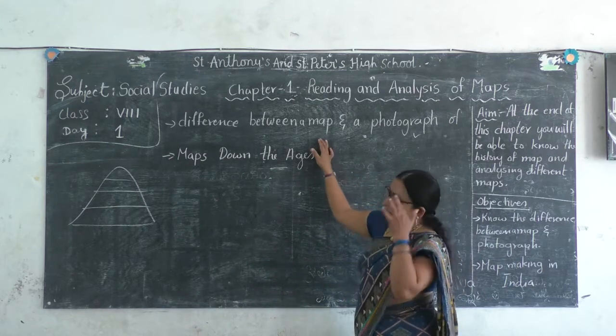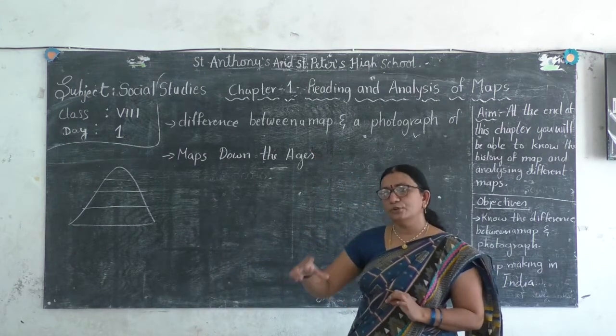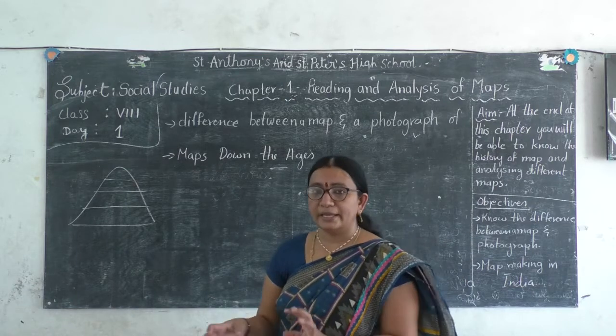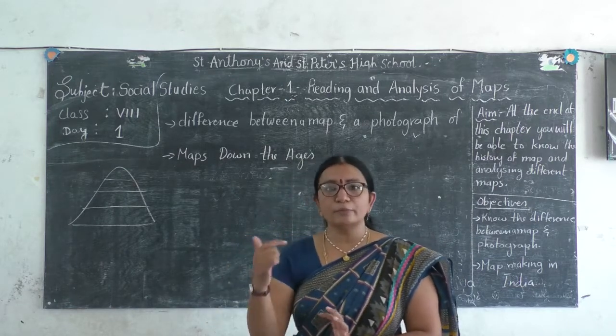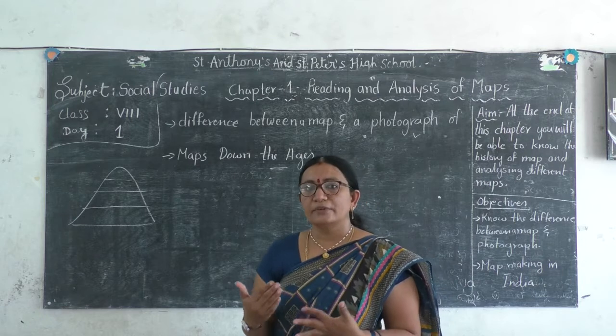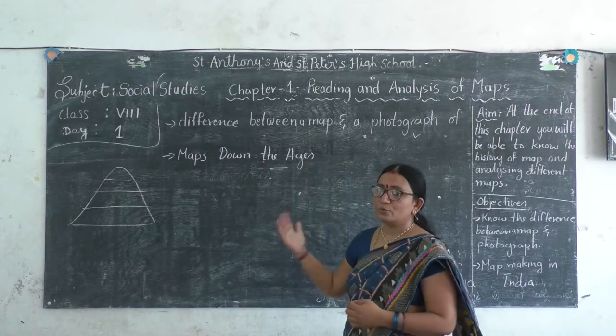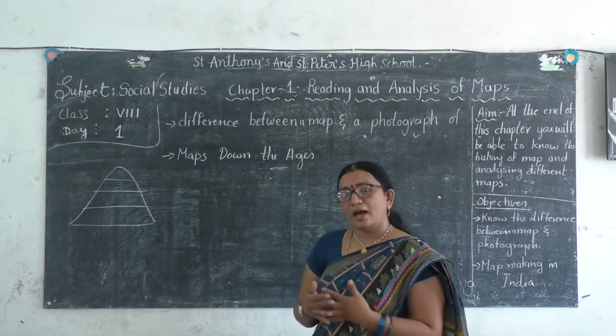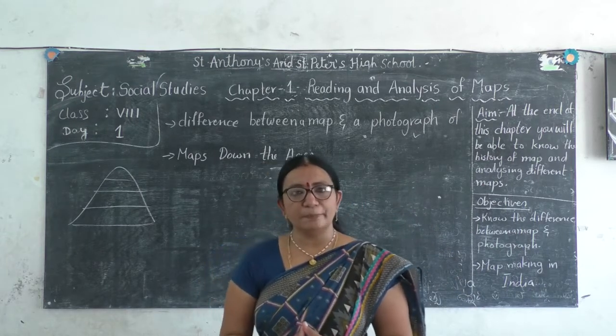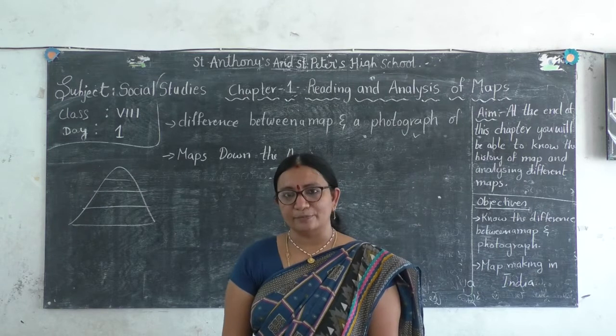So a map is specifically used for a particular need, and even route maps are found which are used at the time of travel from one place to another. So according to the needs of the people, the maps are designed.